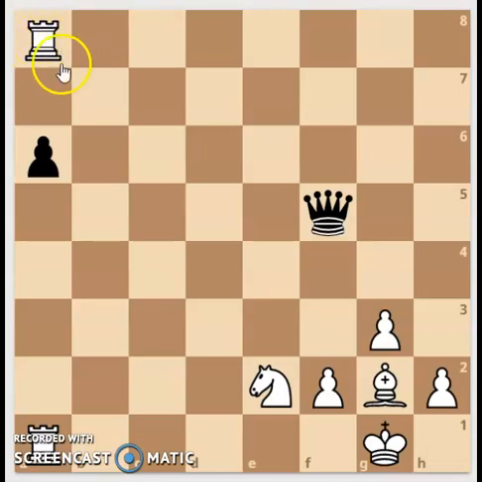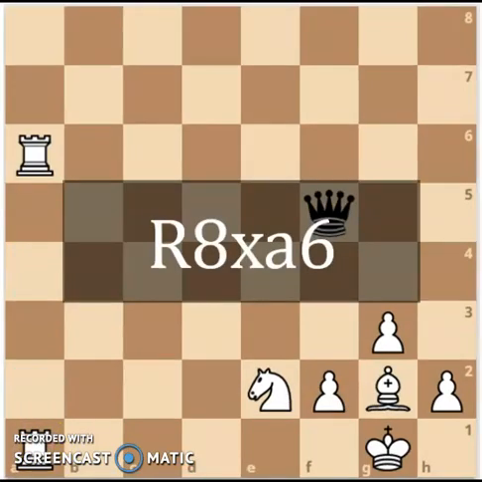This rook is on the 8th rank and this rook is on the 1st rank. So, we write this down as R8xa6. R for the rook, 8 for the rank it was on, x for capturing the pawn, and a6 for the destination square.